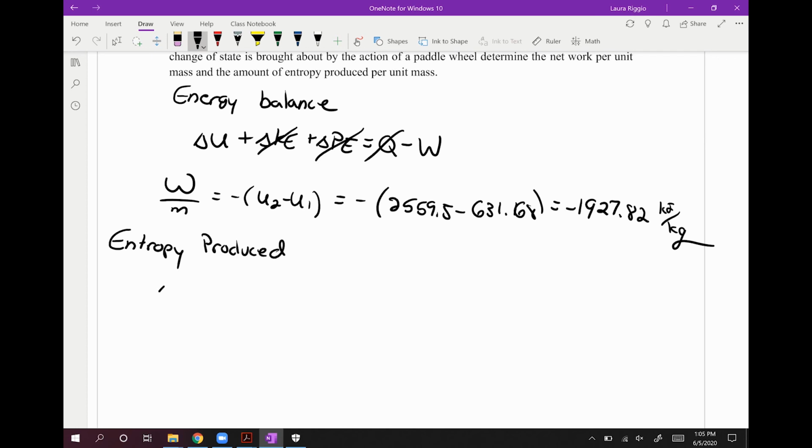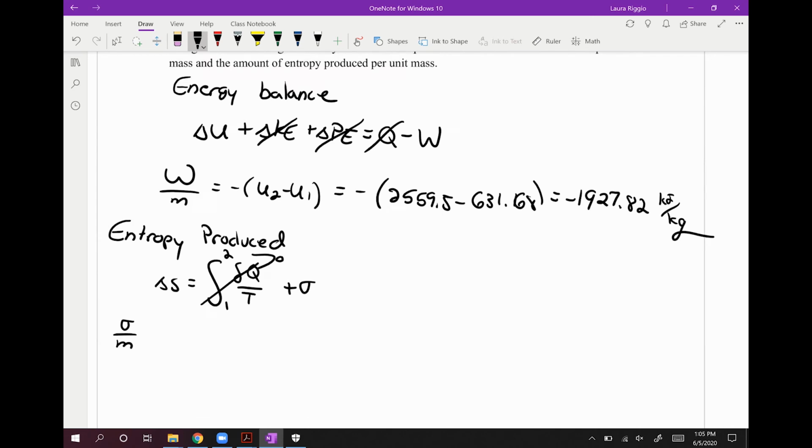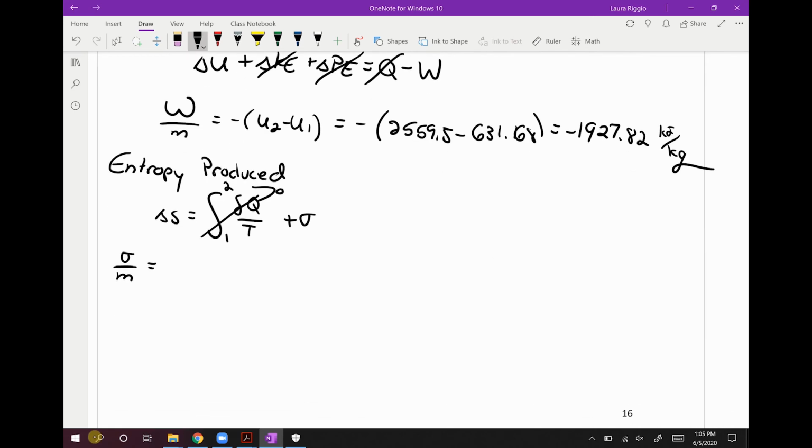So delta S is equal to our integral plus sigma. So sigma per unit mass, again, this is going to go to 0, is equal to our change in entropy, which is 6.8379.